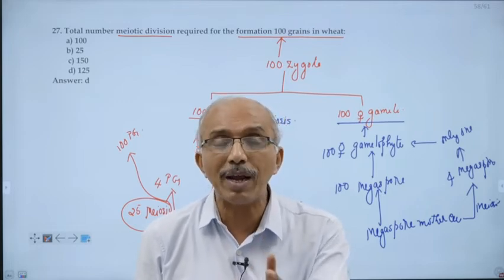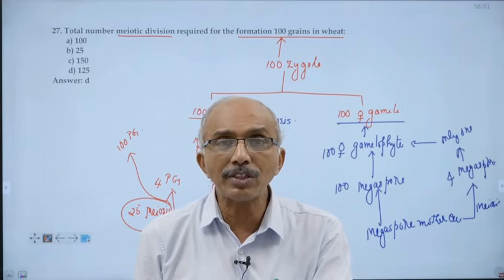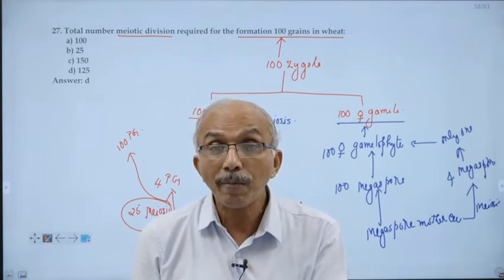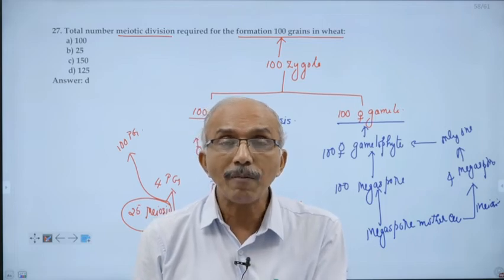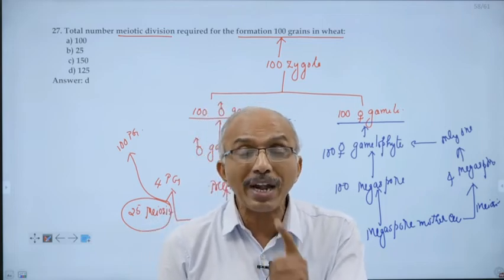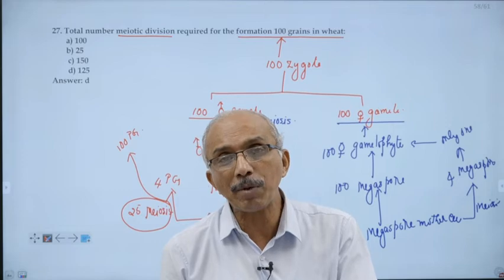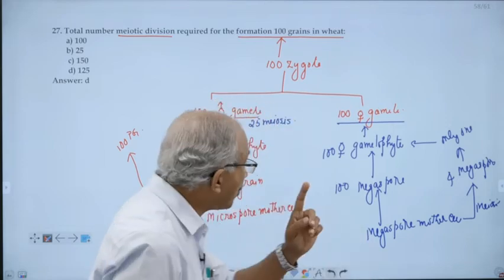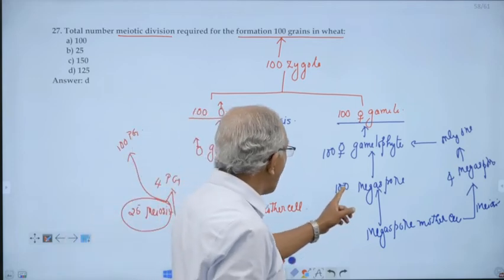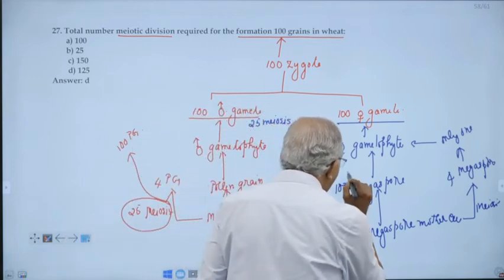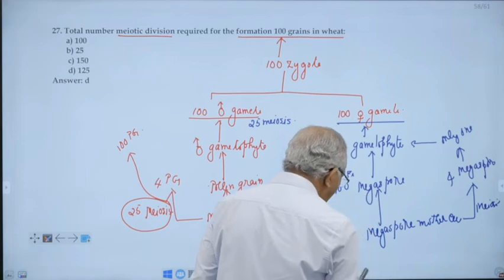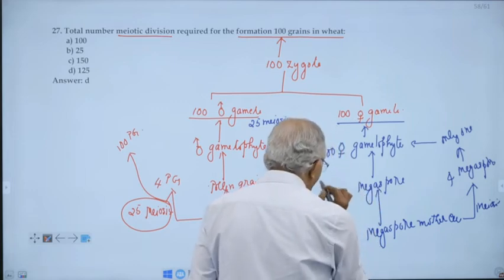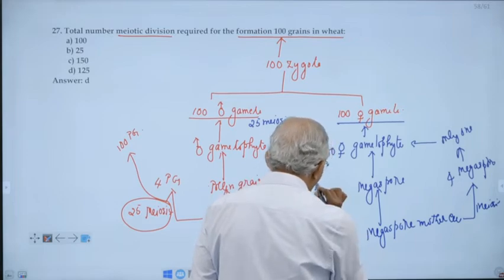Only one develops. So a single meiosis, even though it produces 4 megaspores, gives only one functional megaspore, which develops into the female gametophyte.